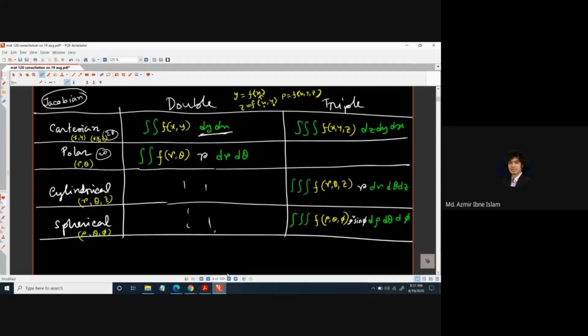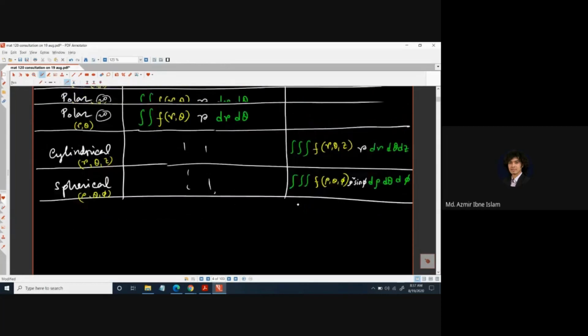For now I have directly written the Jacobian: r for polar coordinates, r for cylindrical coordinates, and rho squared sine phi for spherical coordinates. When you study the Jacobian, you will get to know how we can evaluate r or rho squared sine phi. So for now, today we will discuss double and triple integrals.